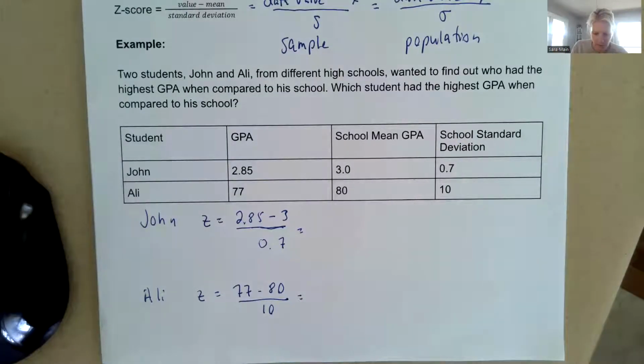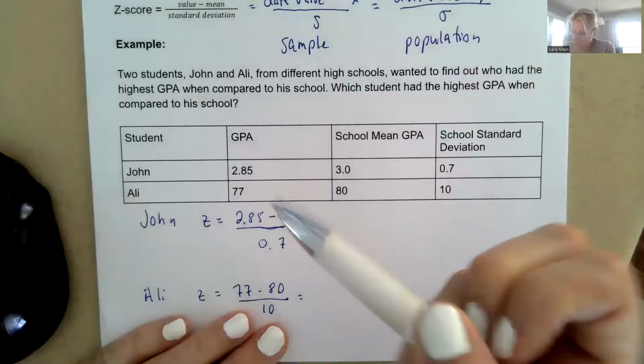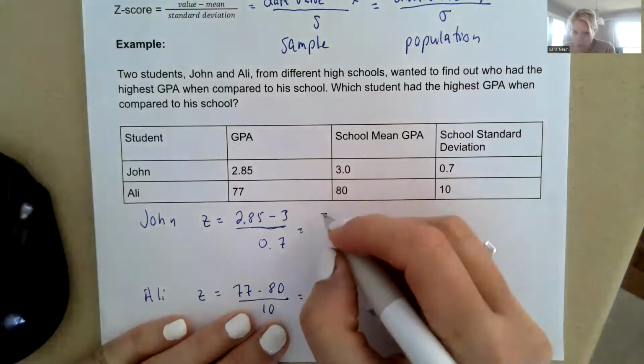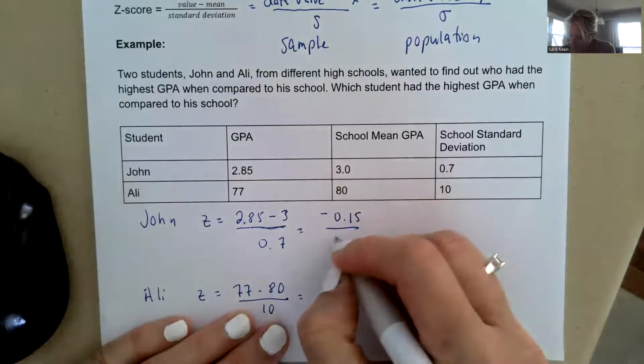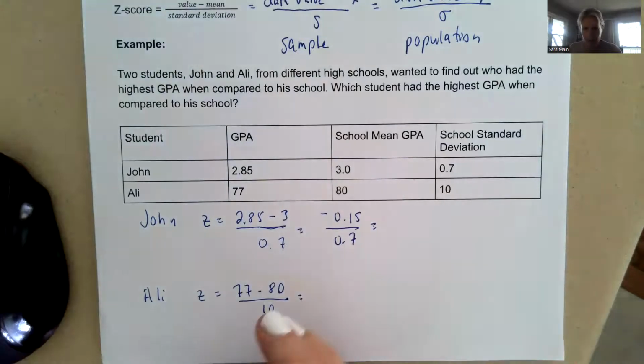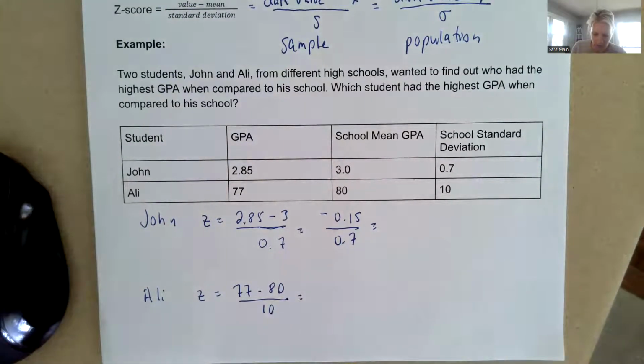Okay, so 2.85 subtracting 3. Let's do this in pieces so you can see it's important that you have the top subtracted first and then divide. Otherwise, you'll get a very strange number.